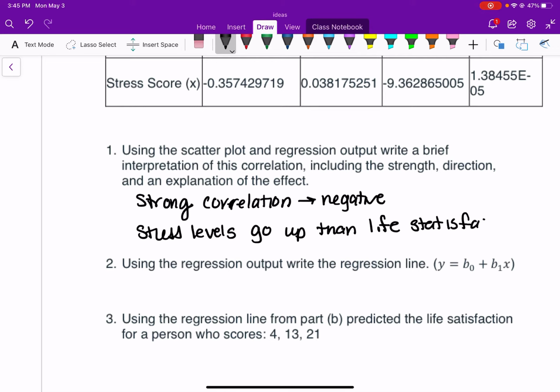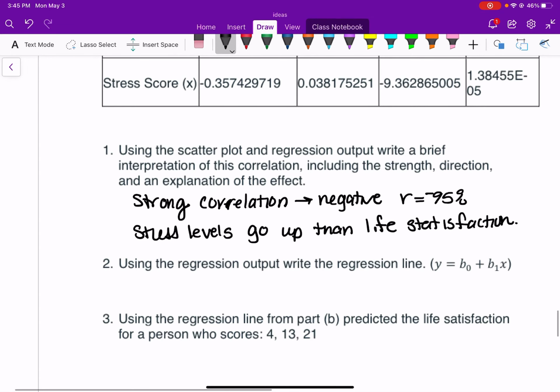And again, writing these as a sentence instead of what I'm doing here, just kind of summing it up for you. So that's really what we're looking for there, just strong correlation. It's a negative. If you want to tell me that our correlation is a negative 95%, we can talk about that as well. But just again, looking at that satisfaction level.